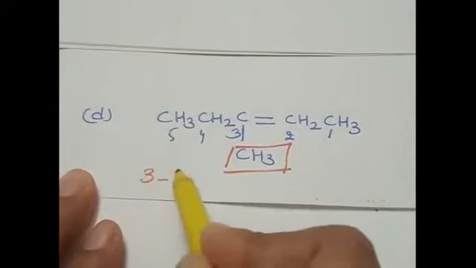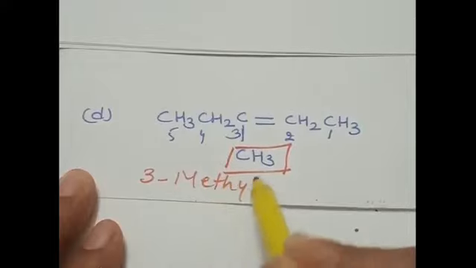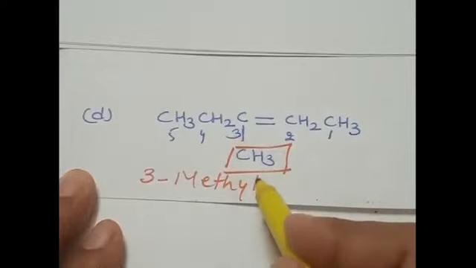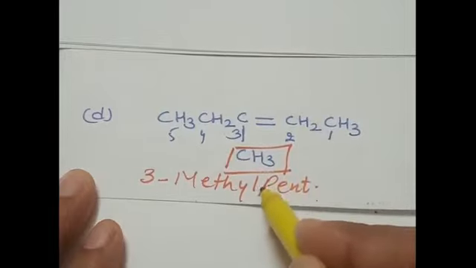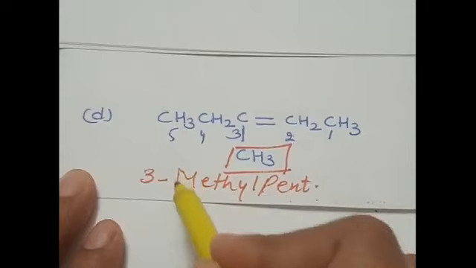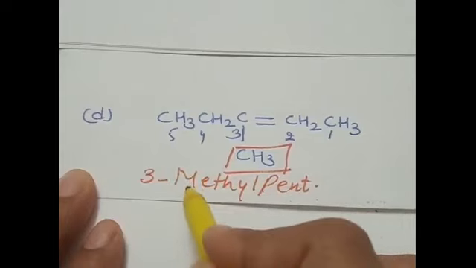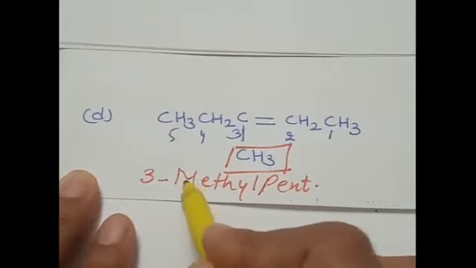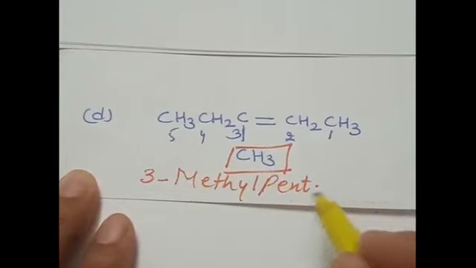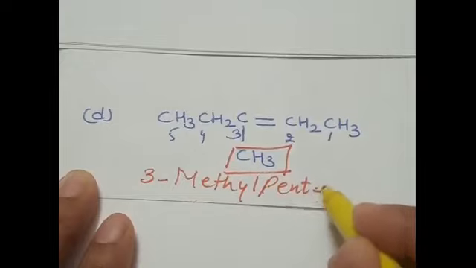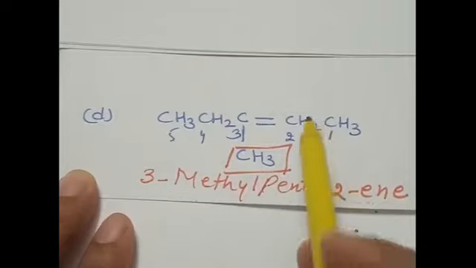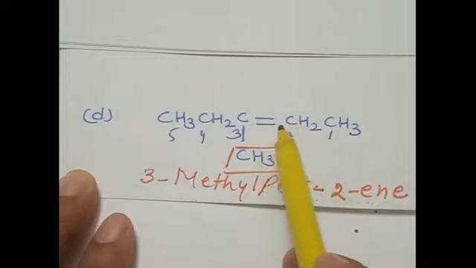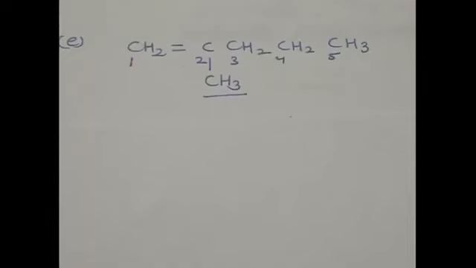So 3-methyl, then 5 carbons, so it will be pent. This p will be small. Only the first letter of the methyl or any prefix would be capital, and the rest of the letters will be small. Pent-2-ene, 2 because the second carbon is attached to the double bond.